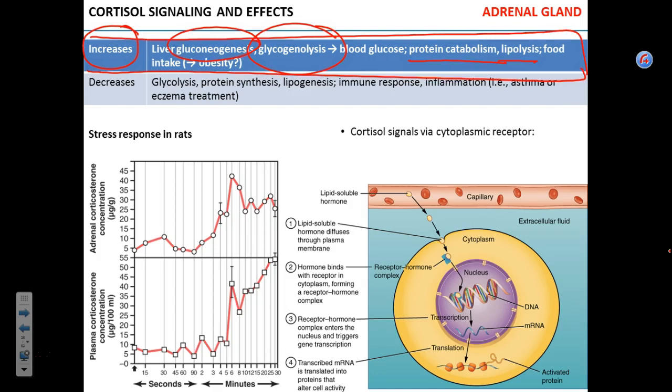Okay. Now this upper line shows what cortisol increases. The bottom line shows you what it decreases. And it decreases, everything's opposite. So it decreases glycolysis. What is glycolysis? Breakdown of what? Sugar, glucose, right?